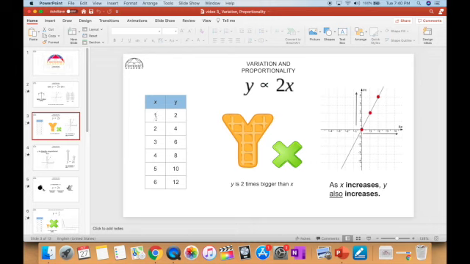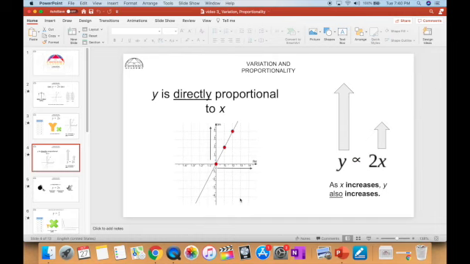We could see in the table that as x gets larger, y also gets larger, and so they are directly proportional. Directly proportional means as one goes up, the other will go up as well.